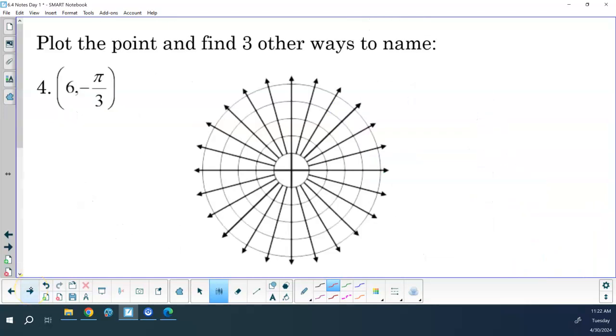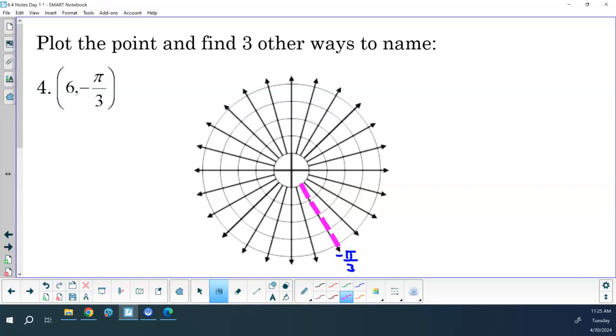Okay? So what I would like you to do now is plot this point first, then name it in the other 3 ways. Do we agree that that ray right there is negative pi over 3?